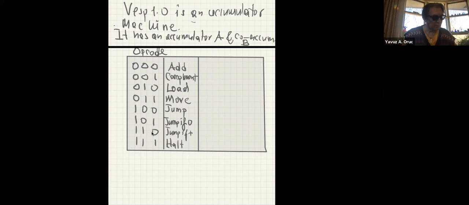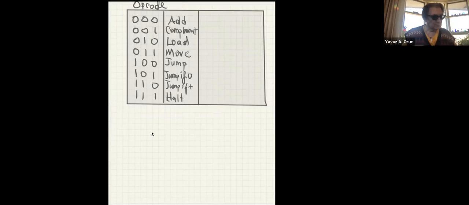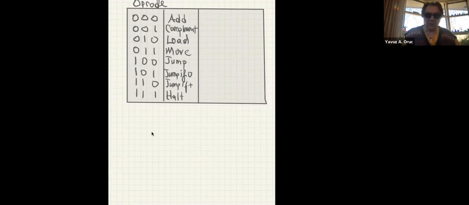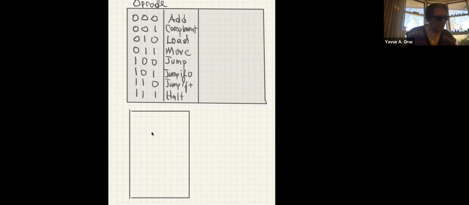Let me just show that to you, just briefly. When we look at our memory map in VESP, let me just do it this way. This is our accumulator right there. And this is our co-accumulator.